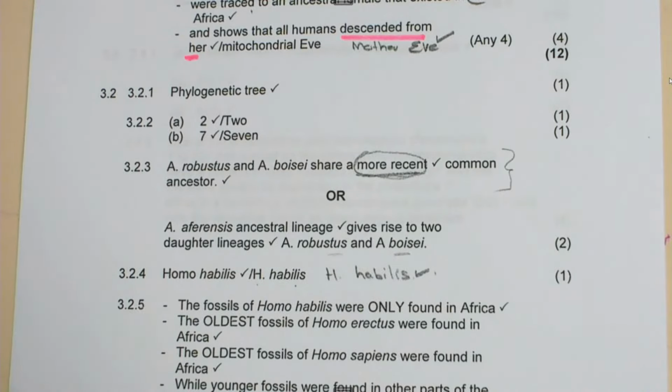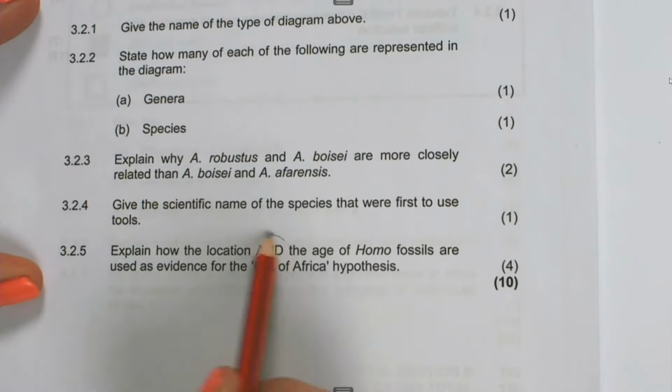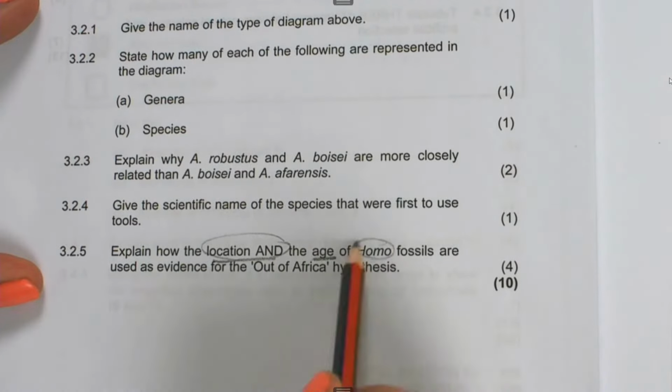Explain how the location and the age of Homo fossils are used as evidence of the out of Africa hypothesis. So for the location and the age, you must refer only to Homo fossils.